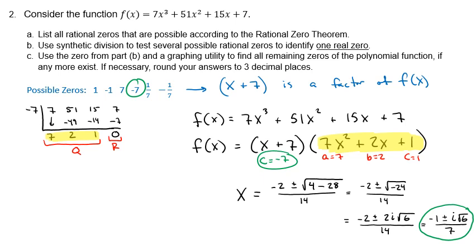Now, the difference between problem 1 and problem 2: in problem 1, we got 3 real numbers. So if we were to graph number 1, we would see 3 x-intercepts. For problem 2, we have 1 real zero, -7, and 2 imaginary zeros.